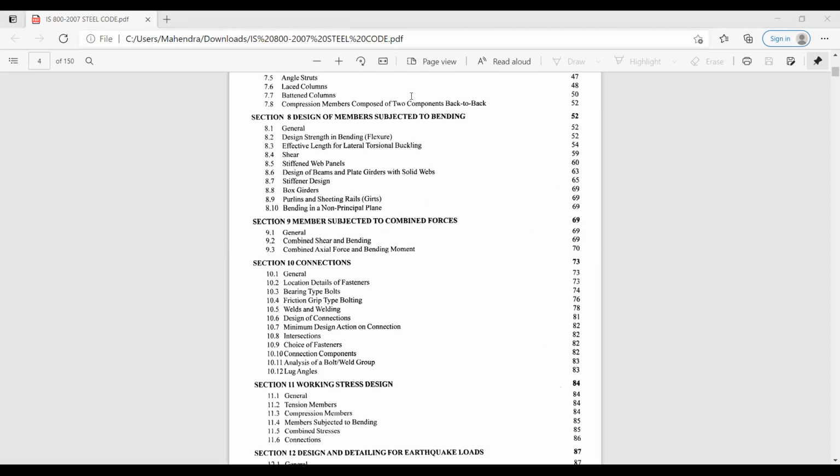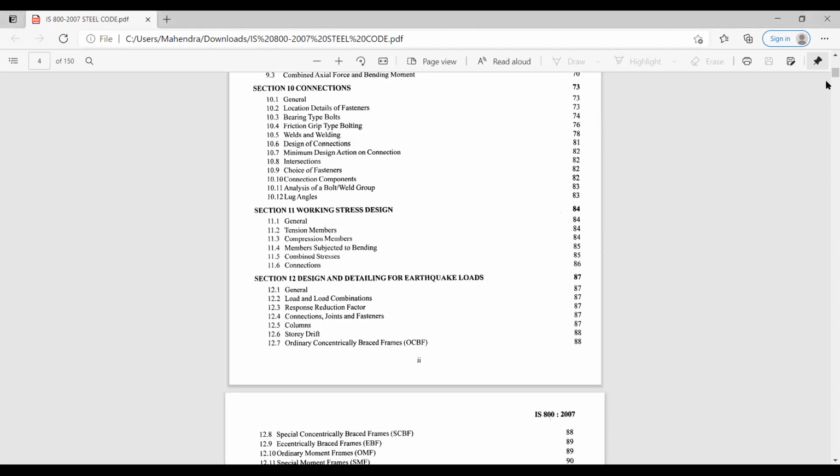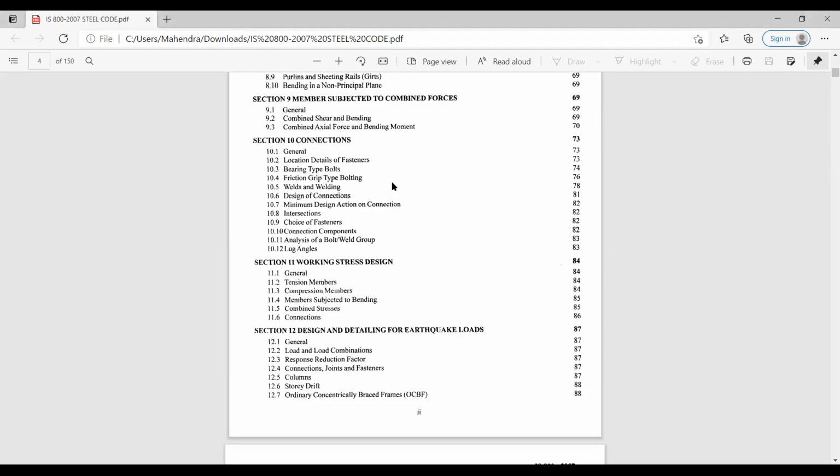Then next is again the member subjected to the combined forces. Then the next is the connections that we are going to start from the next lecture itself. That is the design of connections. For that you have to refer to this section number 10. That is for the design of bolted connection and for the design of welded connections.